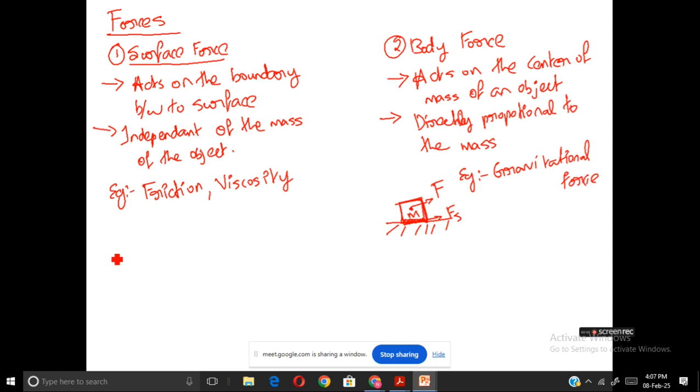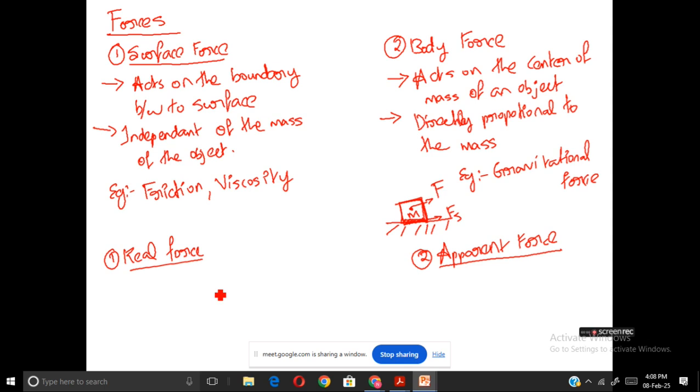Then there is another way of classifying forces, which is real force and apparent force. This is based on the frame of reference which we are considering.